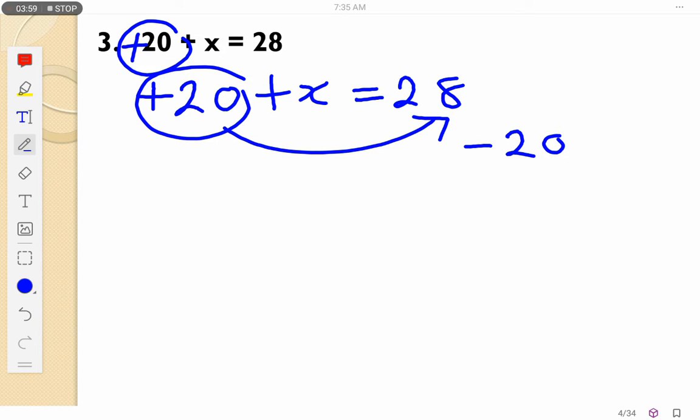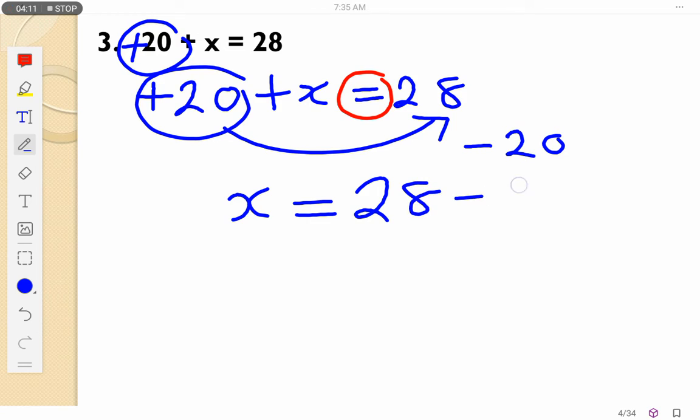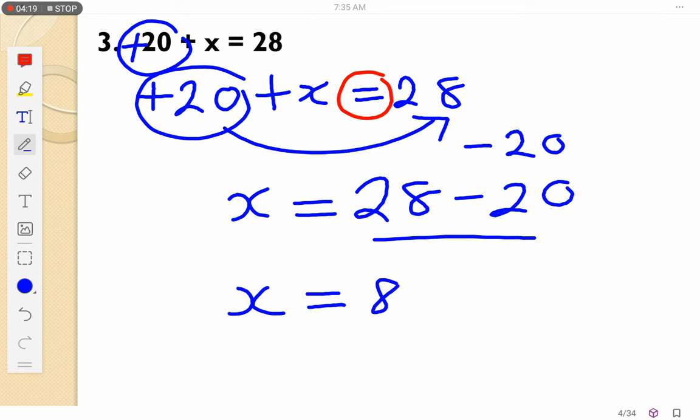It has crossed the equal sign there, so it becomes a negative. Okay, so I can write and have x remaining this side, and I'll have is equals to 28 minus 20 there. Now I can simplify this part. X is equals to 28 minus 20, we get an 8 there. So this is our x value there.